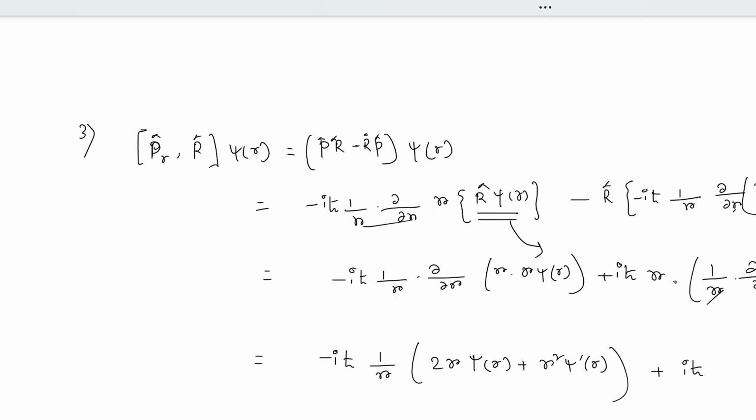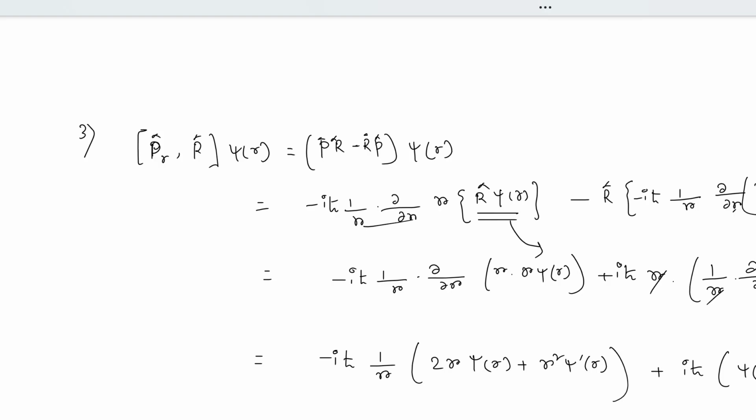Then this R and this R can easily get cancelled out, only this part is under derivative, so this becomes psi R plus R psi prime R. So this is minus iħ. This R and this R cancel out, so 2 psi R plus R psi prime R, plus iħ psi R plus R psi prime R.